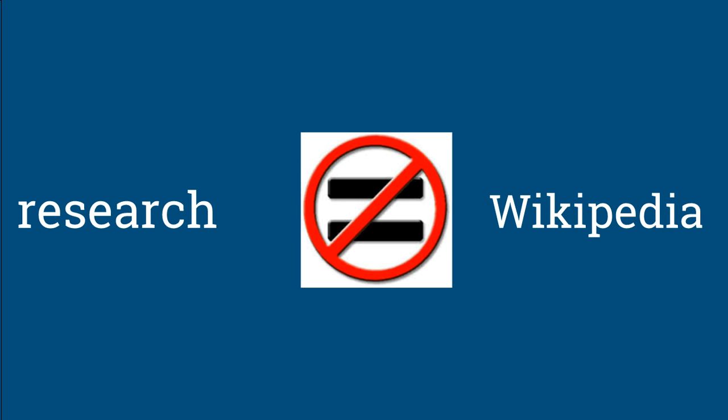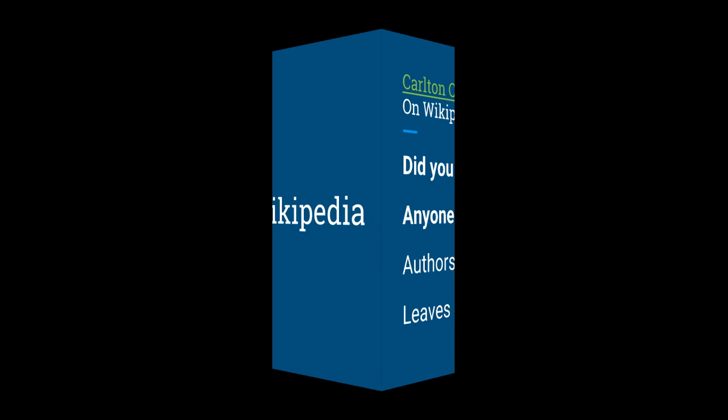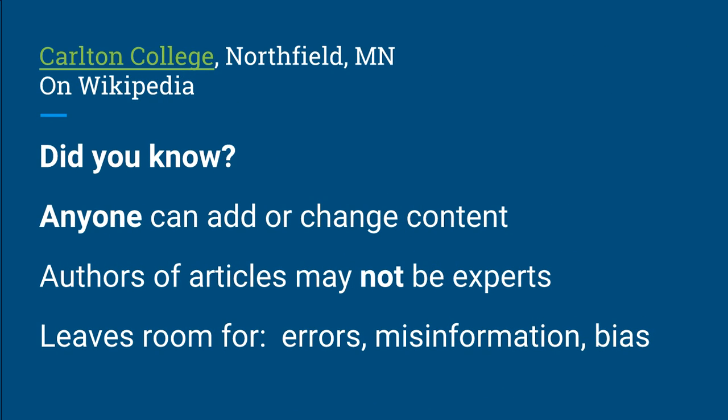Again, we want to avoid Wikipedia, and here's why. Anyone can add or change content on Wikipedia. Authors of articles may not be experts, and that leaves room for errors and misinformation and bias, and we want to stay away from that when we're doing our research.